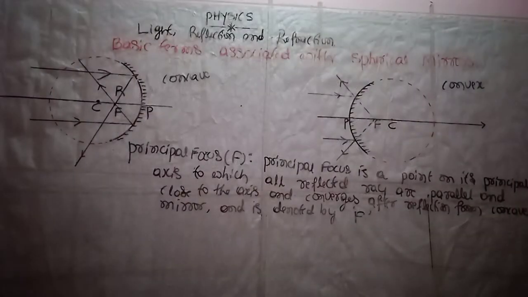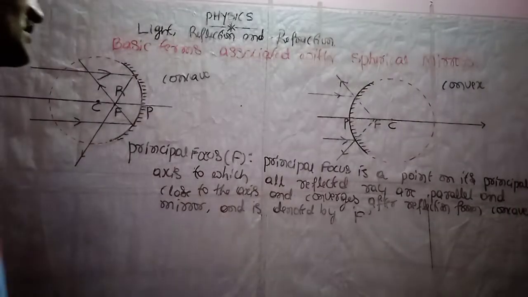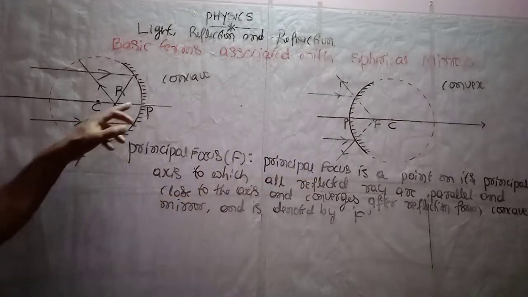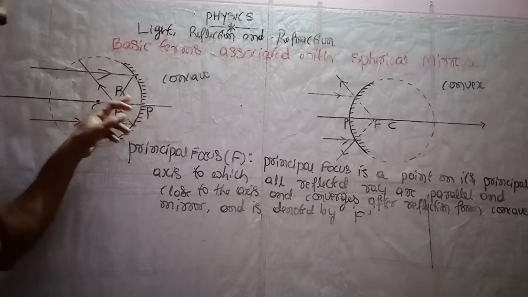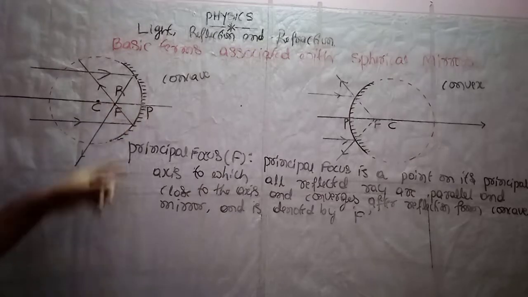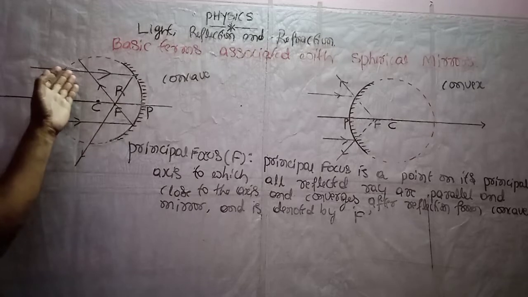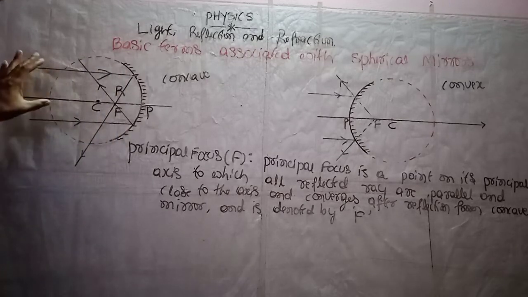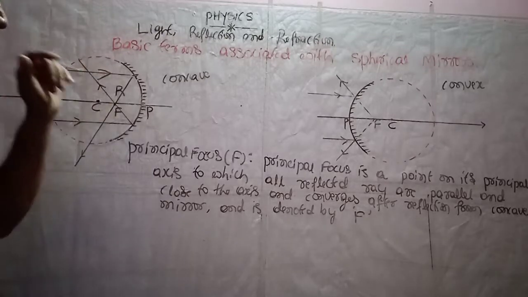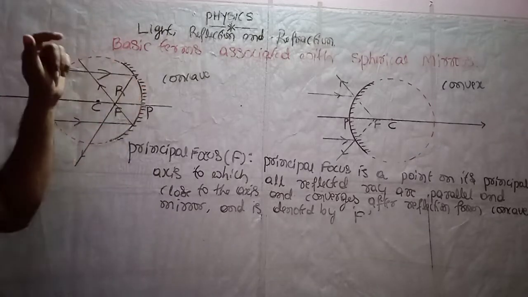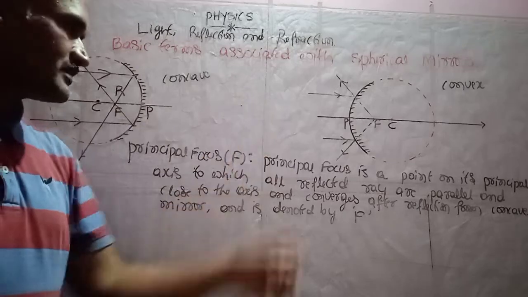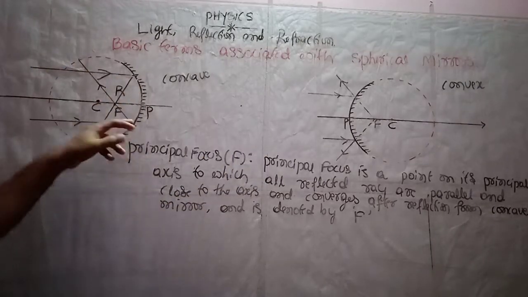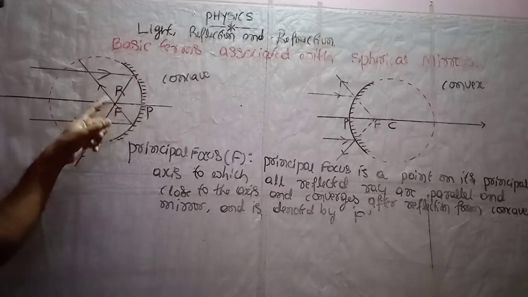Dear student, now let us study principal focus. The principal focus is a point on the principal axis. For rays parallel to the principal axis, after the incident rays are reflected, all the reflected rays from the concave mirror converge at a certain point.